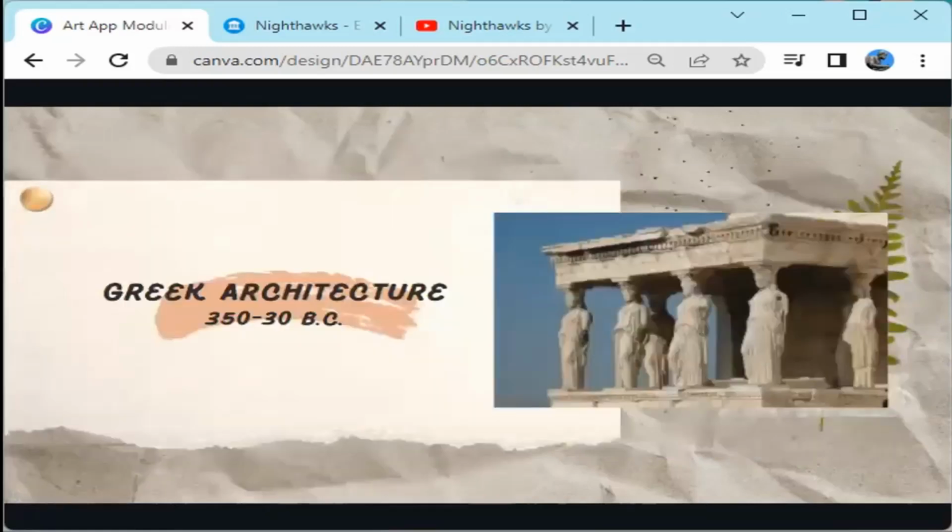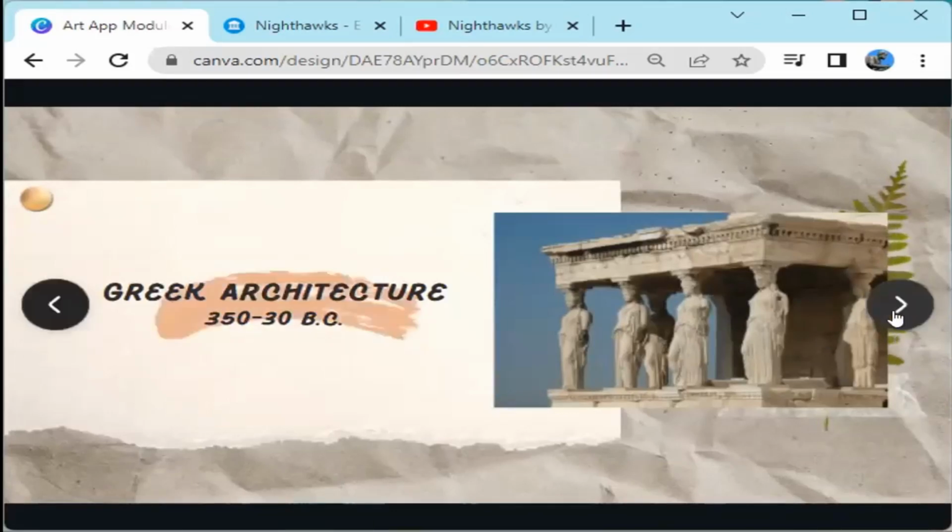Now, another architecture is yung Greek architecture. May influence ito up until now because you get to see yung paggamit ng columns sa mga buildings. So, technically sila talaga yung pioneer ng ganitong klaseng paraan ng pag-build ng structure.